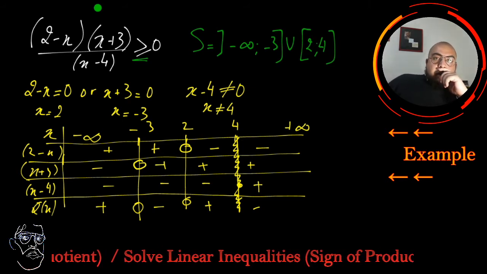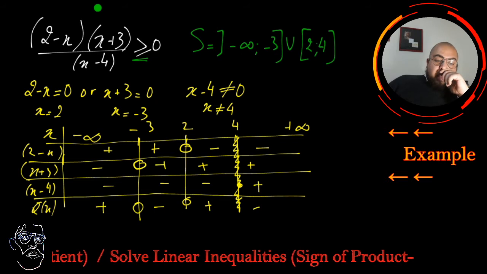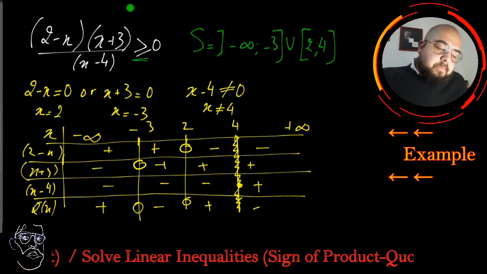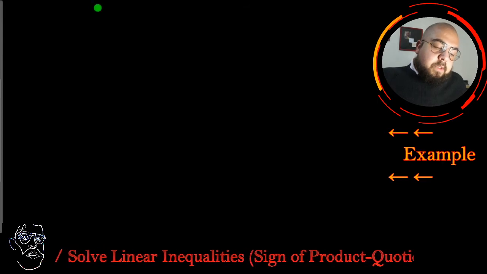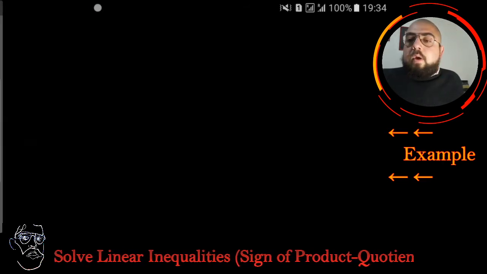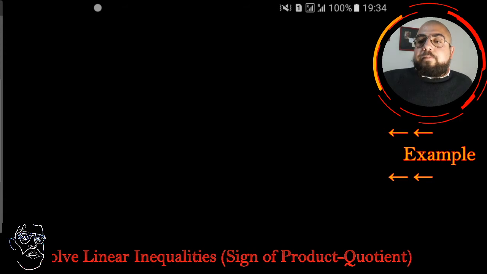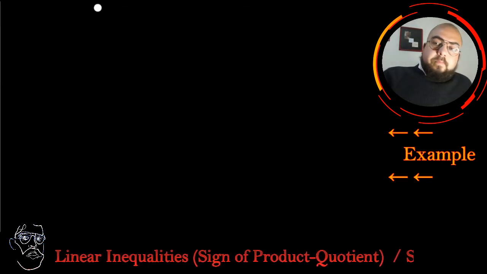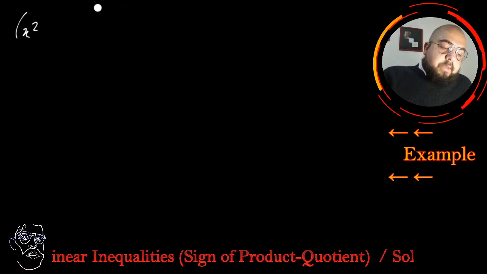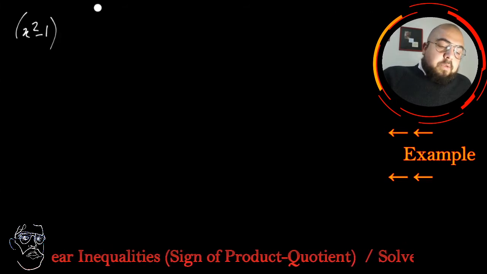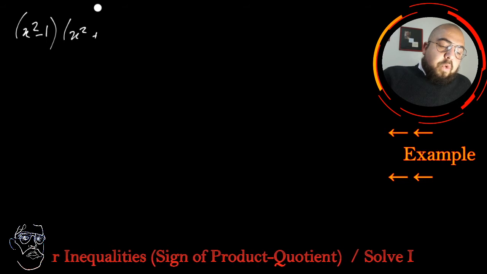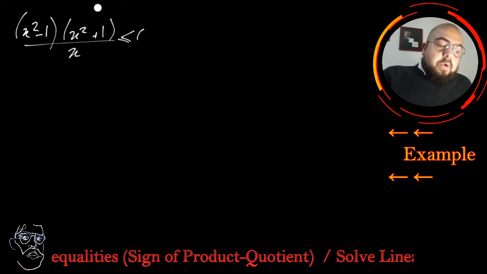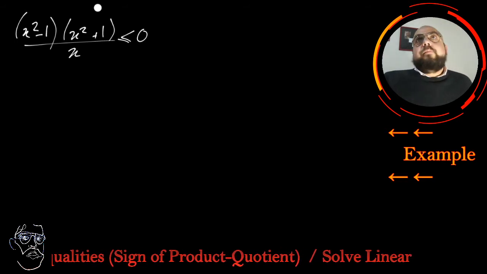What about taking one last example? So let's take one last example. x squared minus 1 times x squared plus 1 over x smaller or equal to 0.